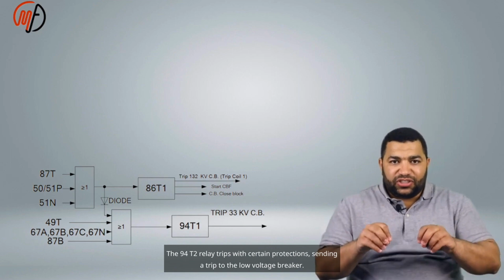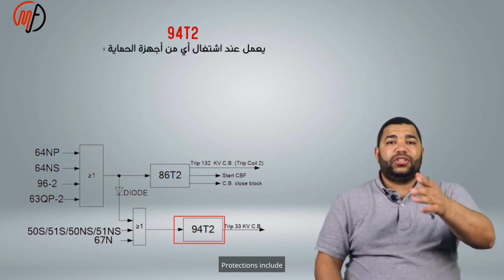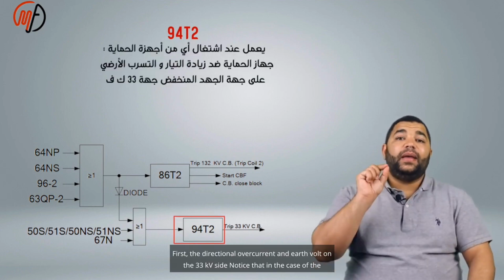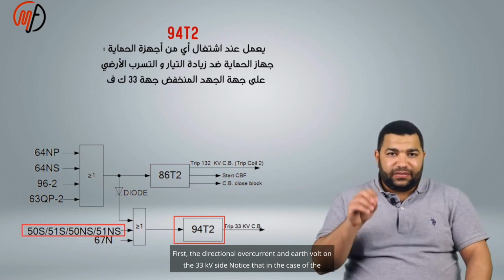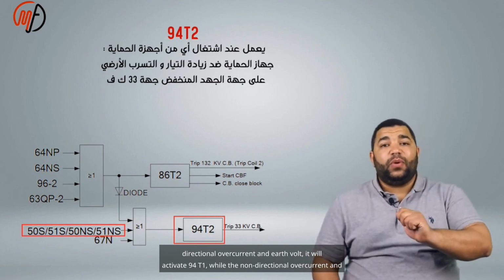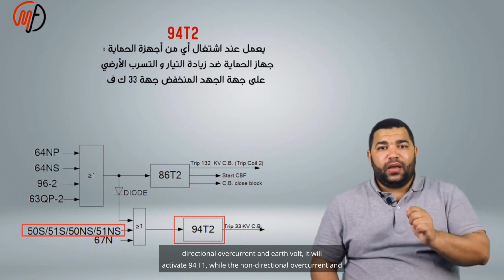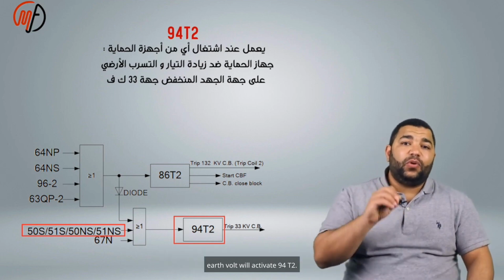The 94T2 relay trips with certain protections, sending a trip to the low voltage breaker. Protections include, first, the directional overcurrent and earth volt on the 33 kV side. Notice that the directional overcurrent and earth volt will activate 94T1, while the non-directional overcurrent and earth volt will activate 94T2.